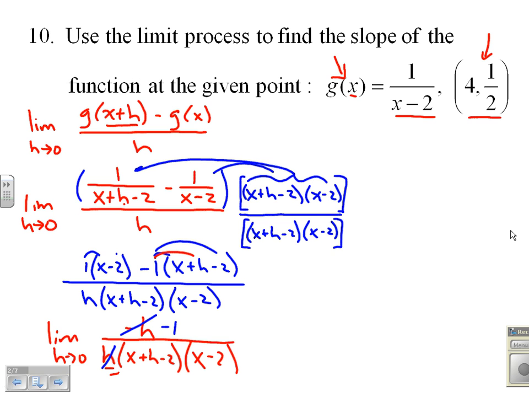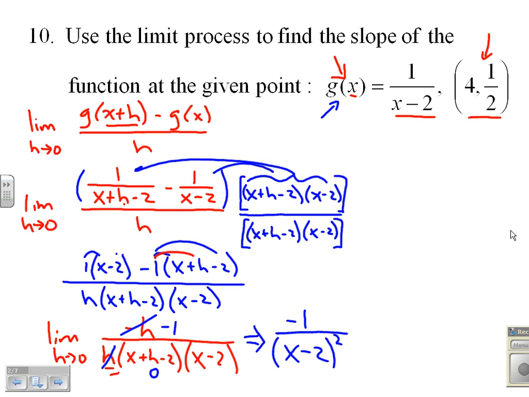Now, direct substitution, I put 0 in for h. The numerator is negative 1. The denominator, 0 in for h, and I get x minus 2 times x minus 2, or x minus 2 squared. And this is so important to this original function g that we could give this 3 pretty good names.